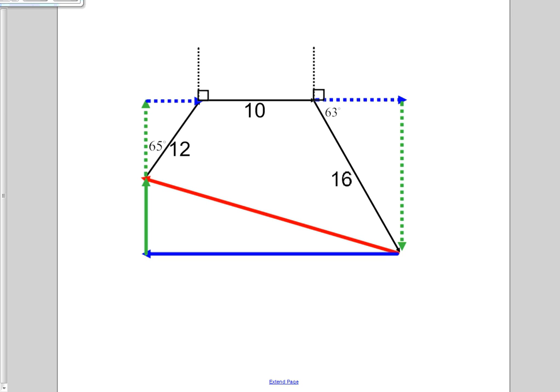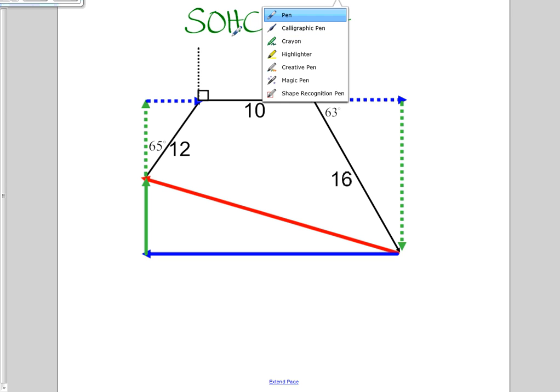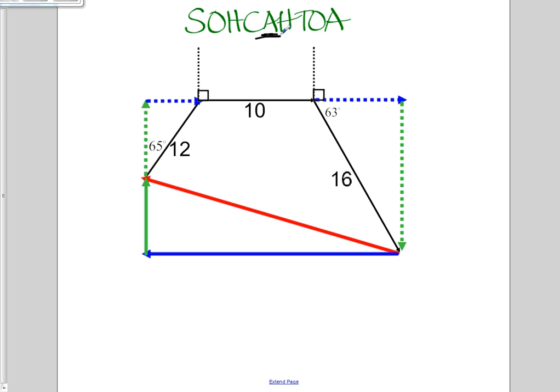And this is where I start having to do math. I've got an angle of 65 degrees, and I have a hypotenuse of 12, and I'm interested right here in this adjacent side, the side adjacent to the 65. So if I think about SOHCAHTOA, the trig ratio that has the adjacent side in it is this one right here.